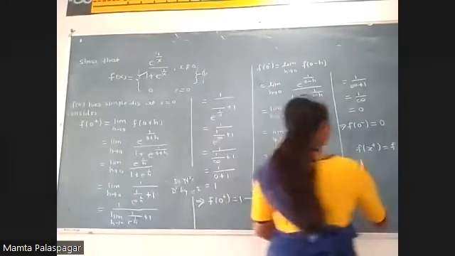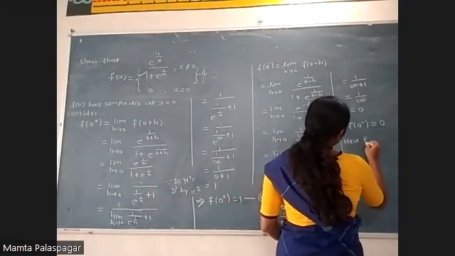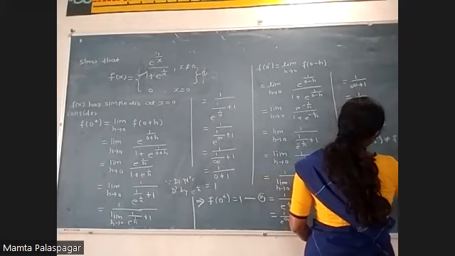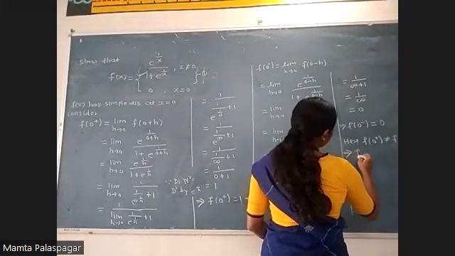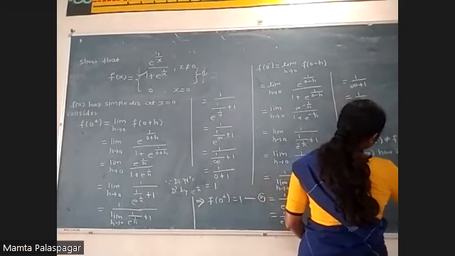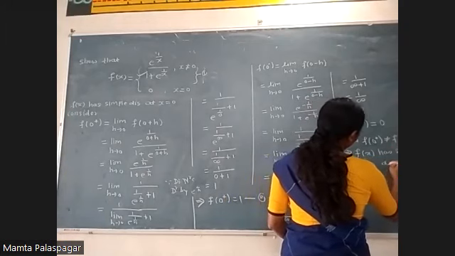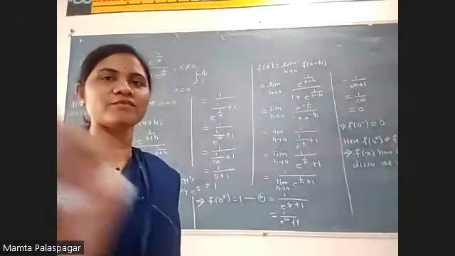So here in this example, f of 0 plus is not equal to f of 0 minus. This implies the function f of x has simple discontinuity at x equals 0.